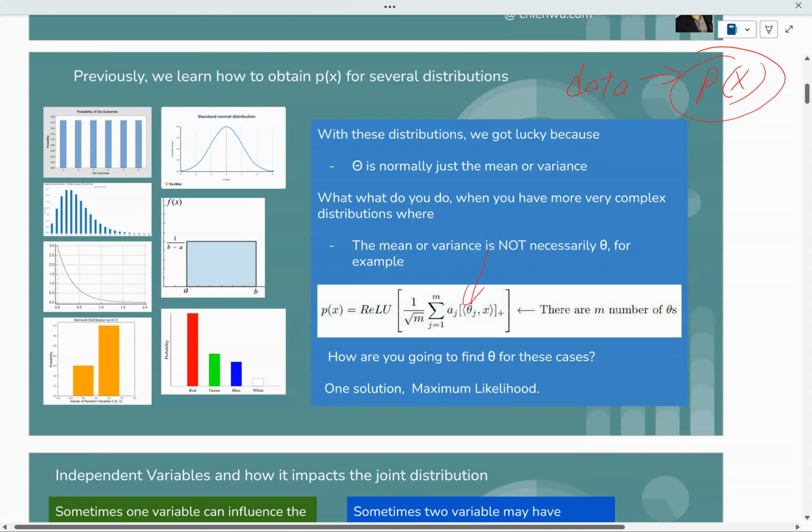It's not necessarily the average, and it may not be the standard deviation. So for these cases, when you have an equation that is really complicated and you don't know what theta is, how do we go about solving them? That is the topic for today. And the most standard way is called maximum likelihood. Maximum likelihood. This is how it's traditionally solved.